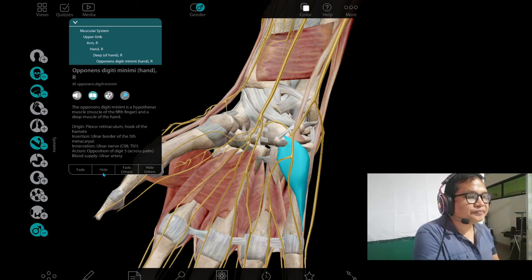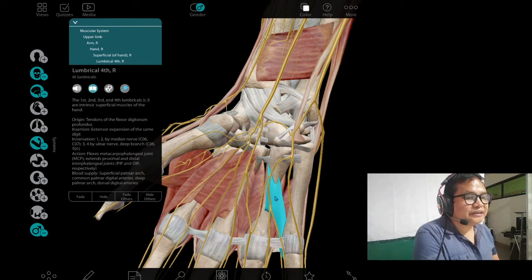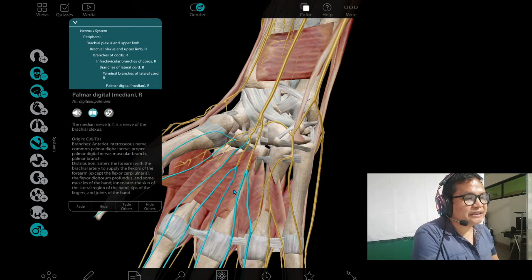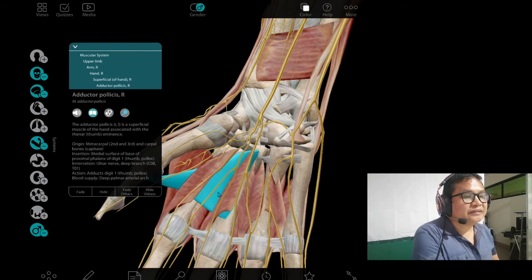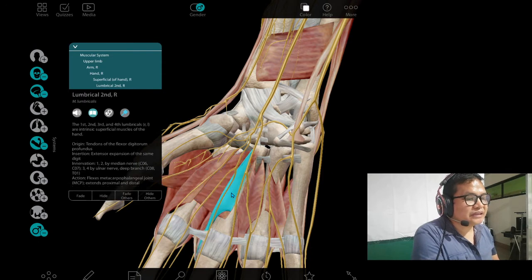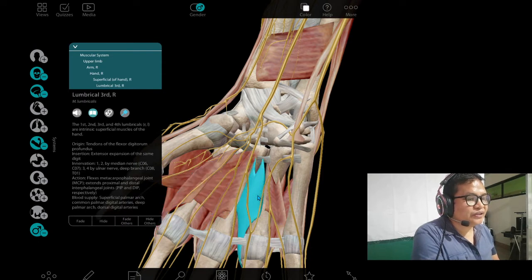Now, what are the other muscles? We have here these muscles, which are called lumbricals. This, this, and this. These are your lumbricals.